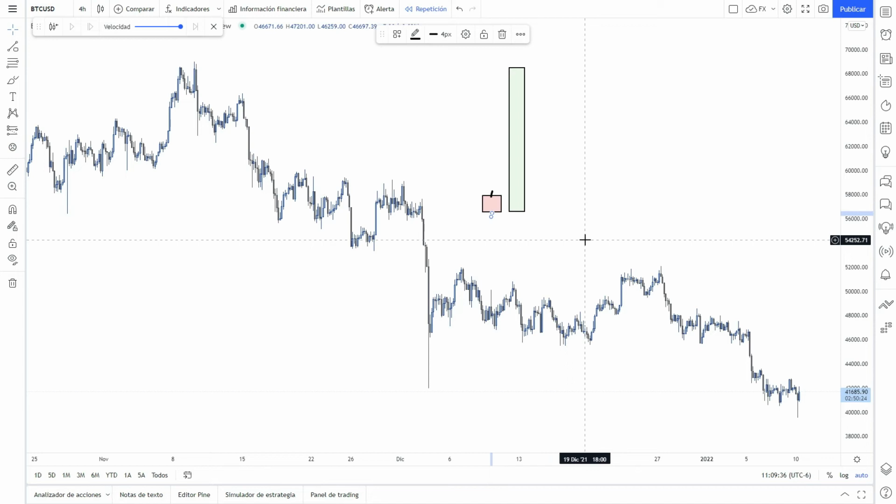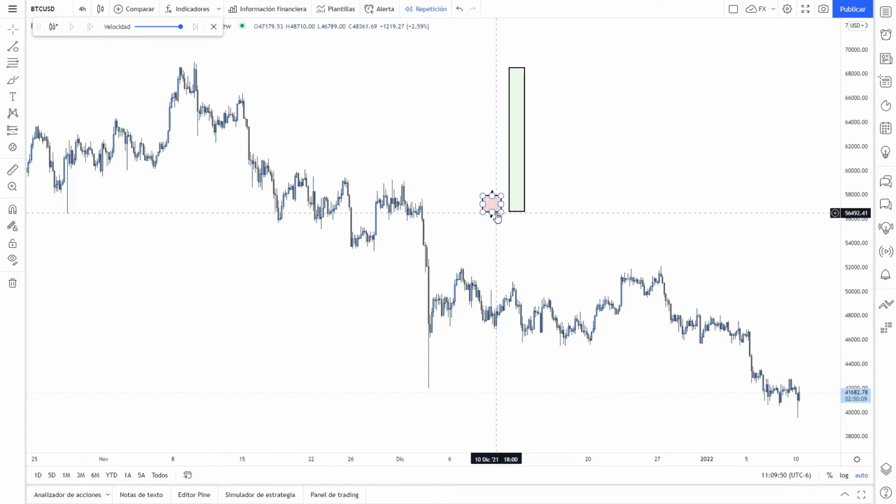But how do we know this is a valid demand zone, or a valid supply zone in case it's the other way around? The base candle must be able to fit in the explosion of the movement at least 2 times.